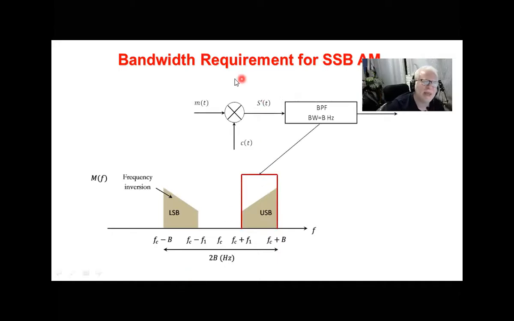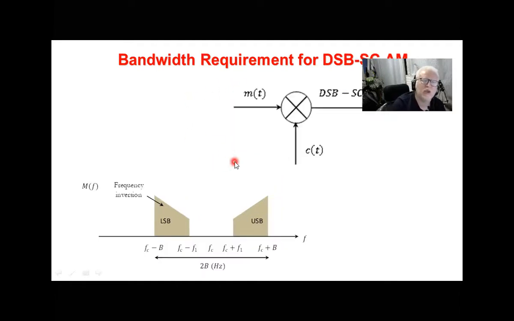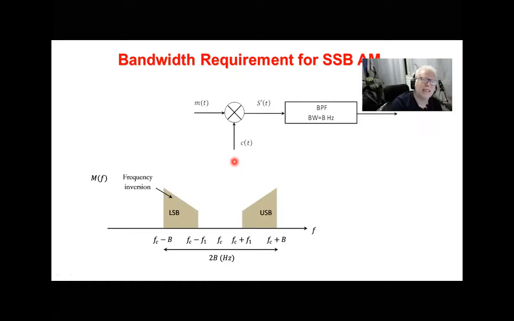We have a typical double sideband suppressed carrier, the same as the one shown here: an RF mixer with a message and a carrier. But what is new now is that you have a band pass filter, which should only pass 1 copy of the signal.